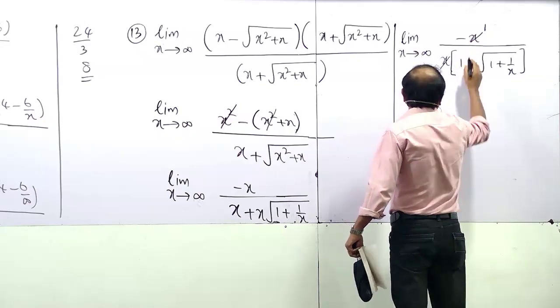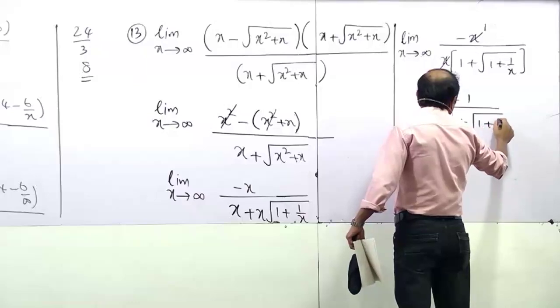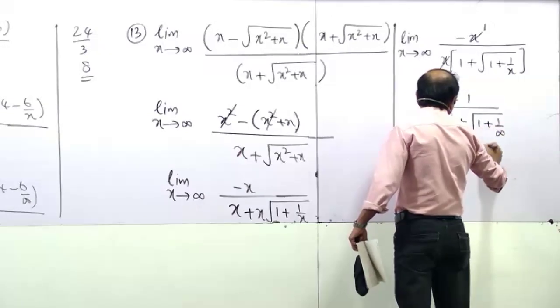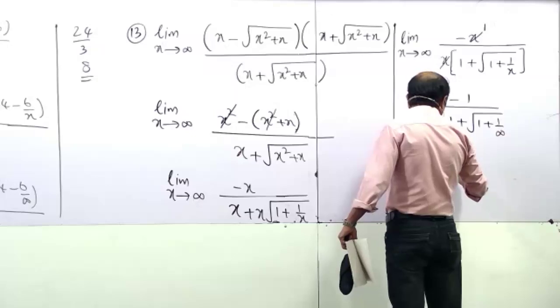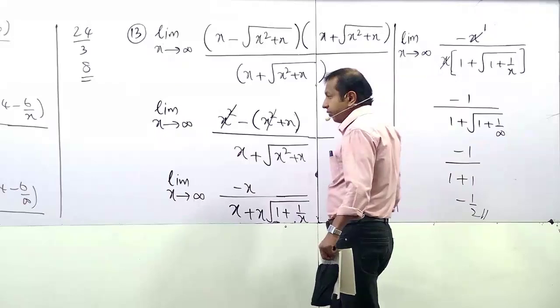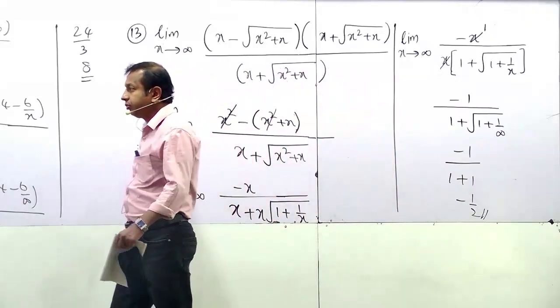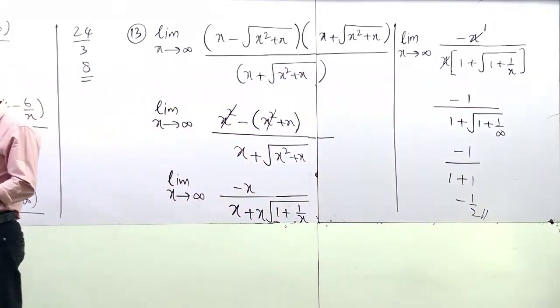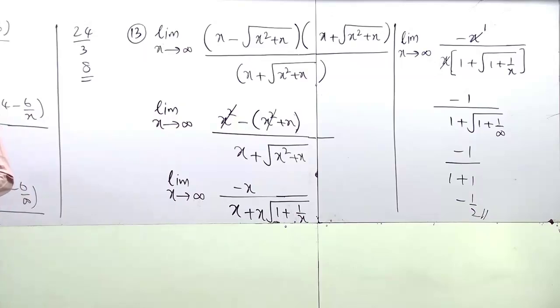Now we have 1 over root 1 plus 1 over infinity minus 1 over 1 plus 1, which is minus half. Minus half, right? Right, no? Yes.